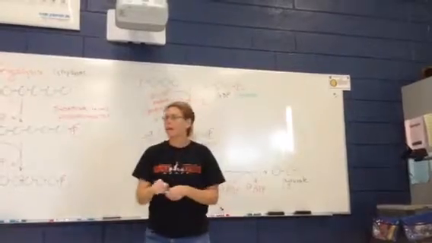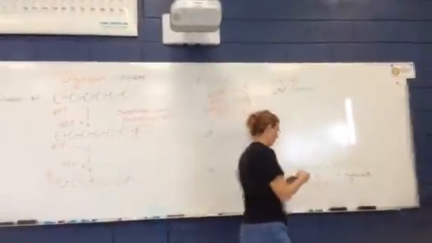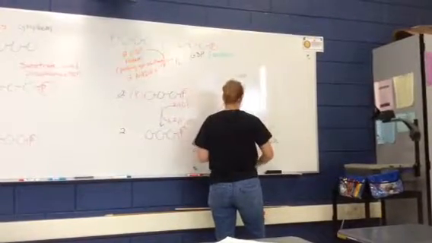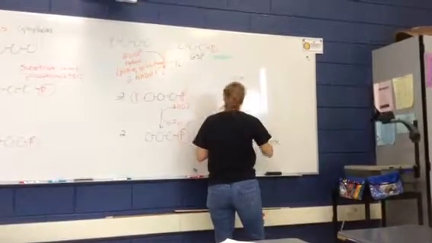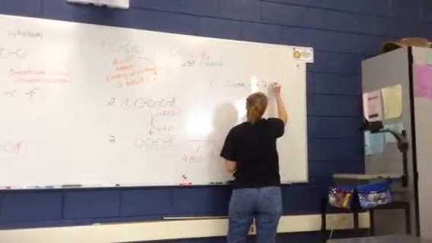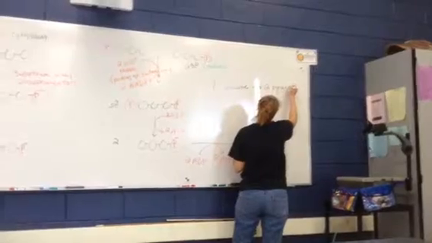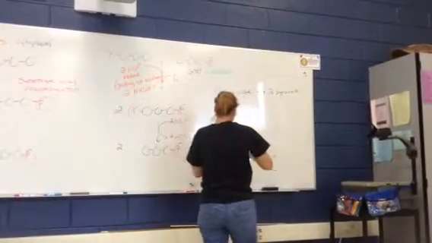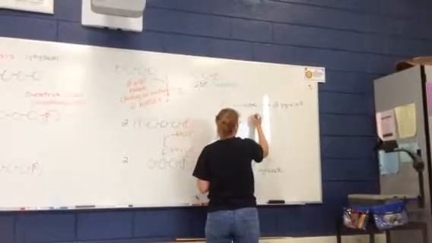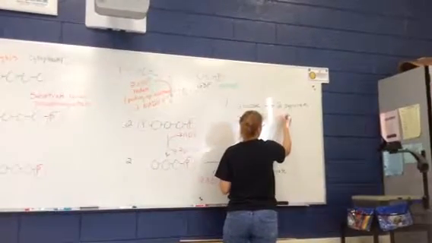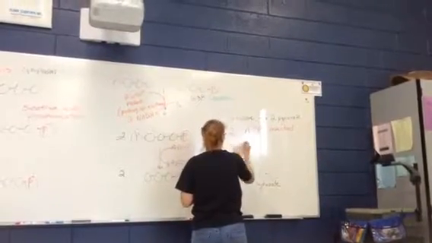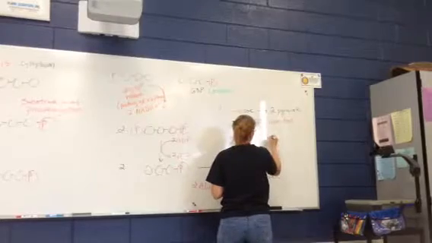To summarize what happened here, let's try that again. Going too fast in my head. We put in 1 molecule of glucose. We got out 2 pyruvates. We put in 2 ATPs, so we invested 2 ATPs, but we got 4 ATPs out.